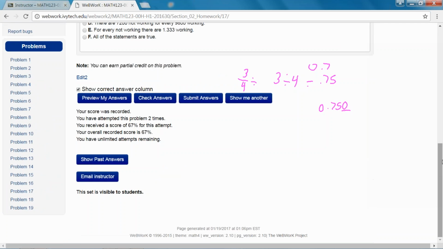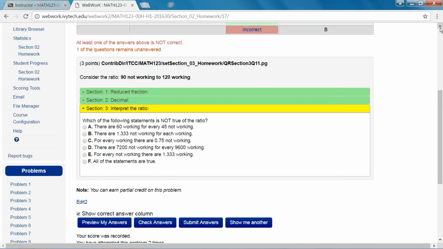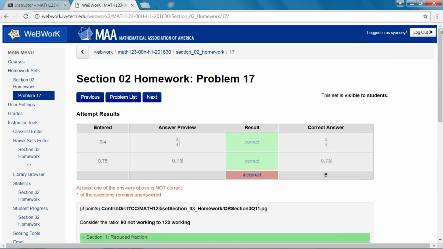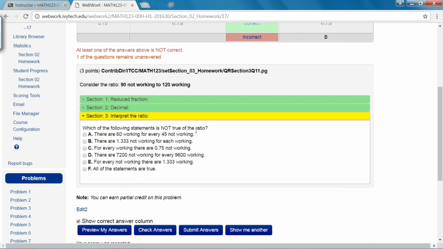Down to the last part. There are 60 working for every 45 not working. I can't remember what our original is here. What was our original? 90 to 120. Okay, so that wasn't one of our fractions.